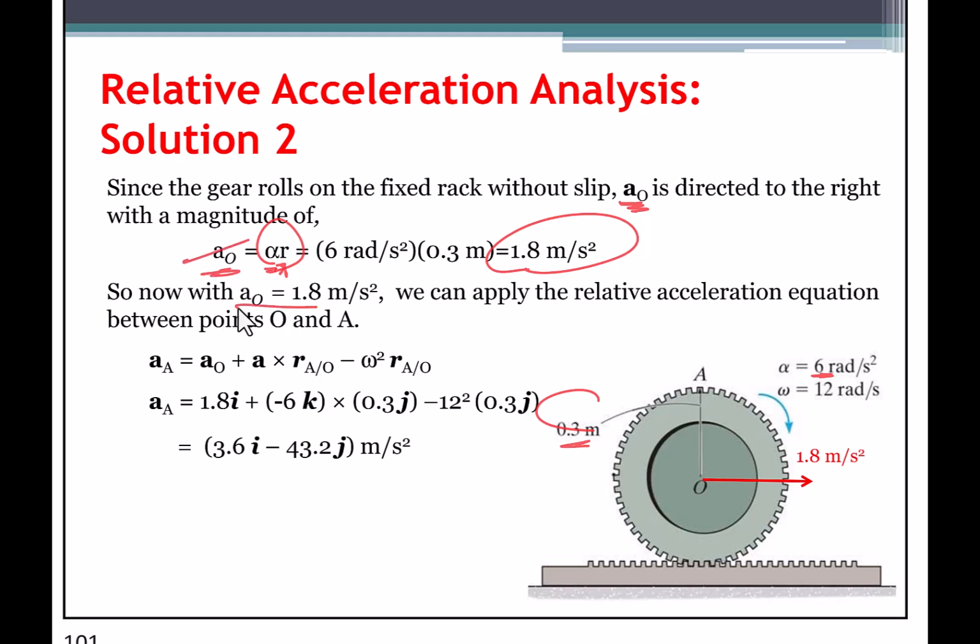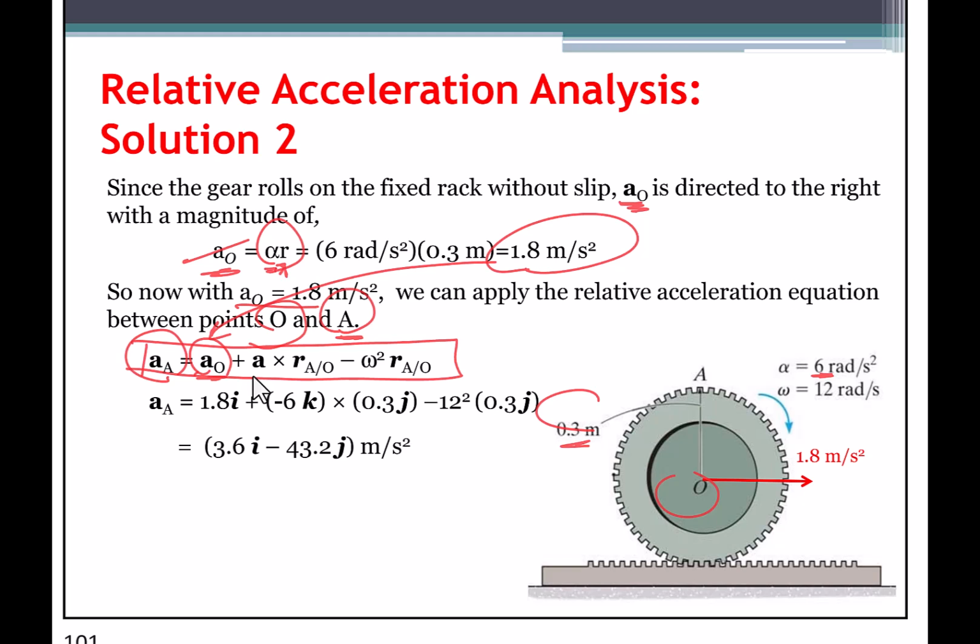Now, with this value, we can apply the relative acceleration equation between points O and A. So the big equation is this. I want this and I have done this.